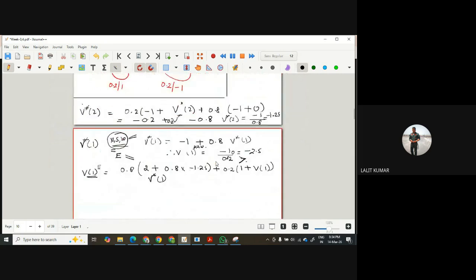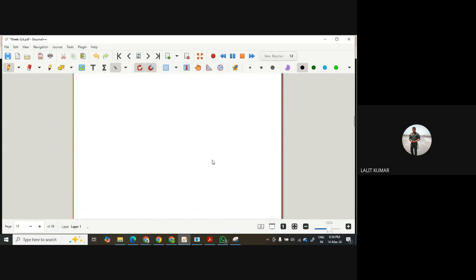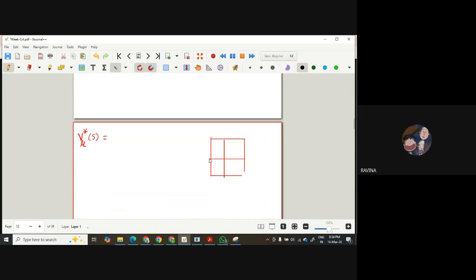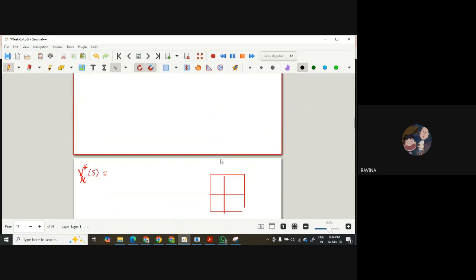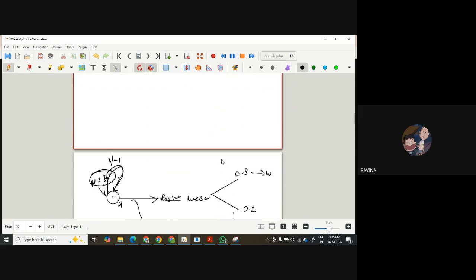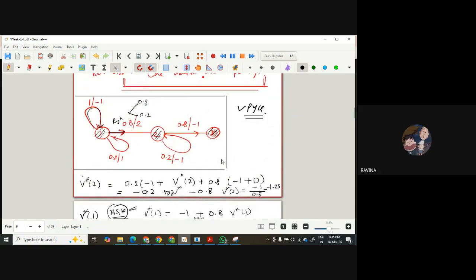Shall I show some PYQs with this concept, Lavlinji? I have one question. Can you scroll in the diagram, sir? Yes, sir. There are two loops here.